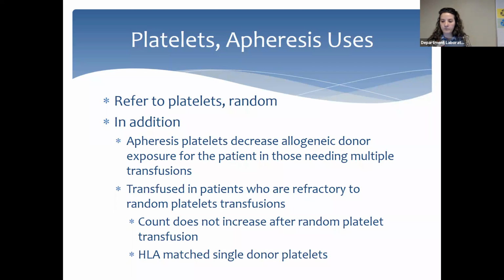Same thing. The good thing about apheresis is it only exposes the recipient to one donor, okay? Rather than platelets from whole blood being pooled, exposing the recipient to potentially 6 to 10 donors, okay? This is a single donor.